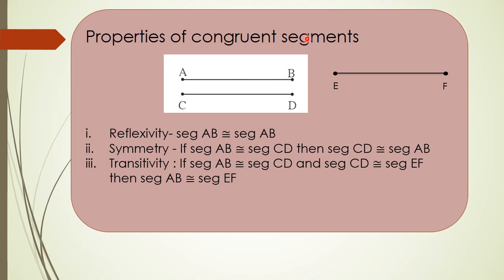Segment AB will also become congruent to EF. So this is like what? If A is equal to B and B is equal to C, then ultimately A will become equal to C. Okay, so these are the three properties of congruent segments. One is reflexivity, second is symmetry, and third is transitivity.